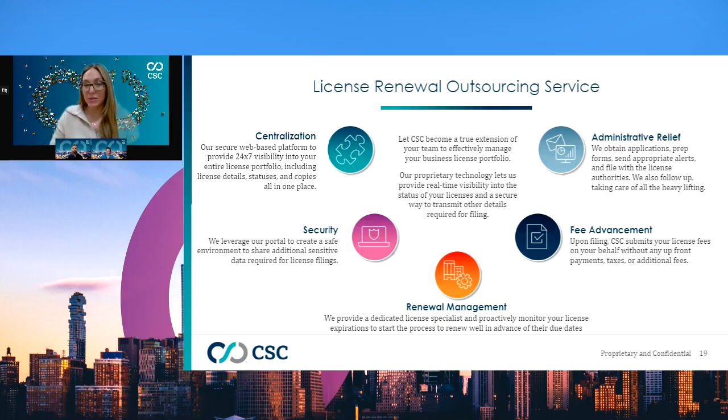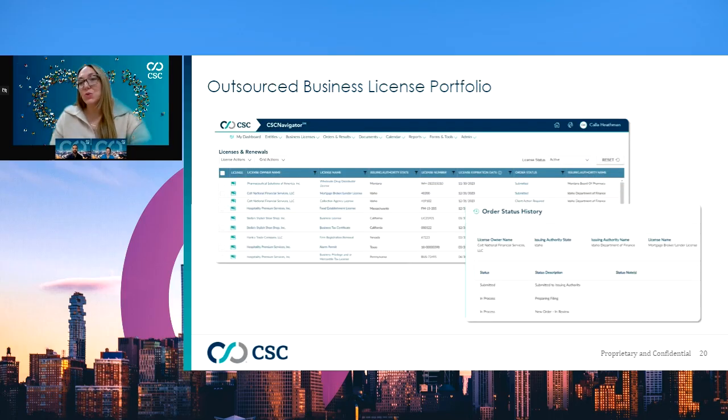We call it our business license portfolio management system, which I'm going to share on the screen here. This would just become the listing of all of your licenses that CSC is managing and any of their applicable data like copies, entities that hold the licenses, the names, types, expiration dates, obviously. Renewal frequencies can even be here, so we can help you understand how often we're going to be touching those filings.